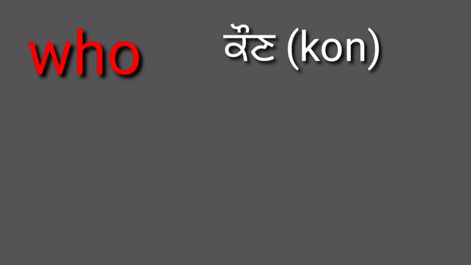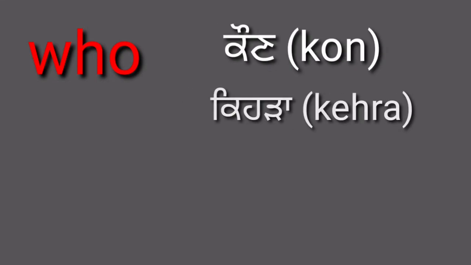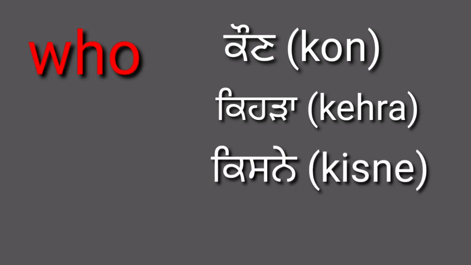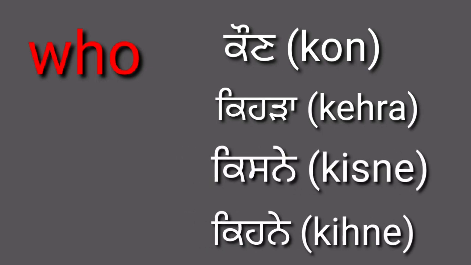So the next word is who. Who means in Punjabi kaun, but it could also mean keda, or it could mean kesne, kene. If it is a feminine word, then it's going to be kedi instead of keda. Kesne and kene are the same for masculine and feminine words.